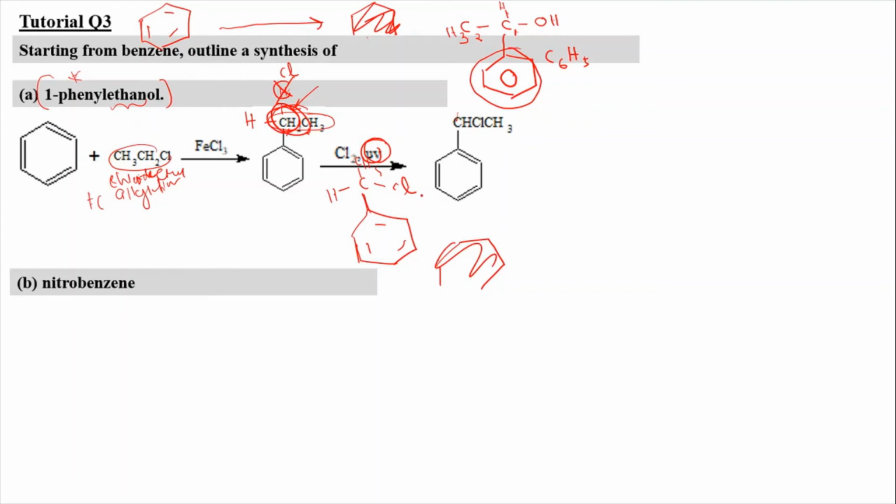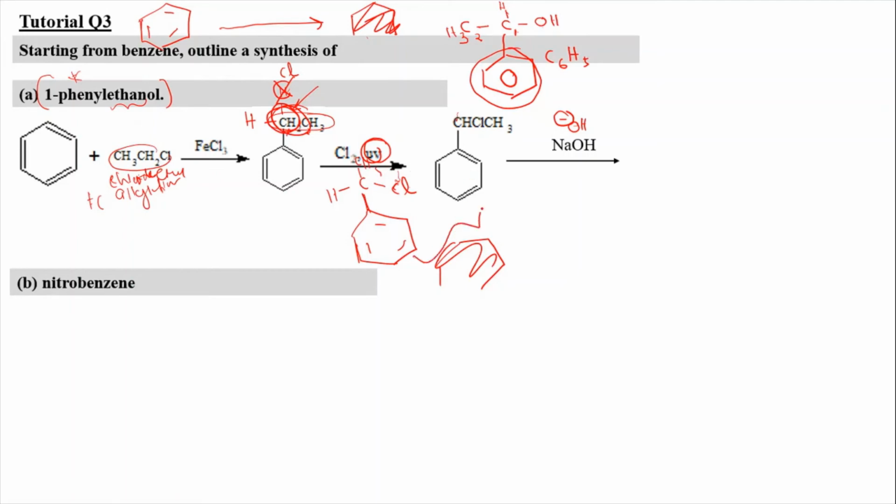Okay, so you need to replace Cl with OH so that you can get to your product. So what you're going to do is react with sodium hydroxide. Sodium hydroxide here is going to provide a strong nucleophile. Okay, so the strong nucleophile here will attack this carbon and will remove Cl as the leaving group.